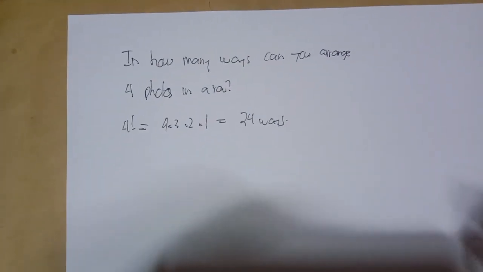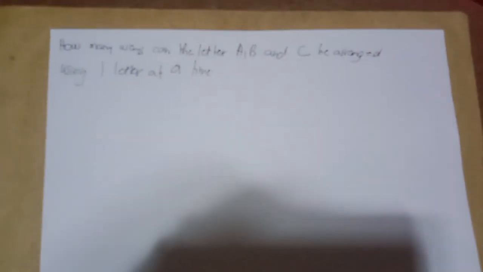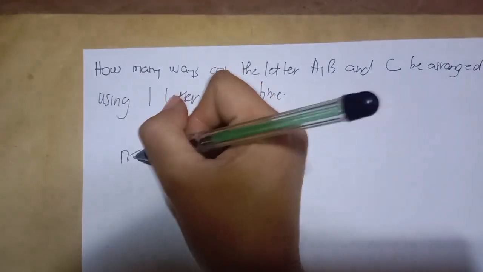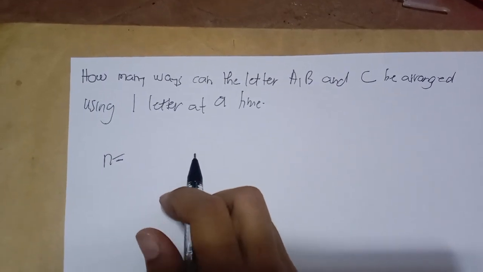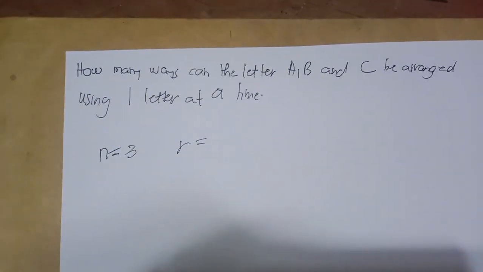Okay. Then, next example we have here: how many ways can the letters A, B, and C be arranged using one letter at a time? We need to determine first the n and r. The n is 3, since there are 3 letters to be arranged. The r is 1, since 1 letter will be used at a time.